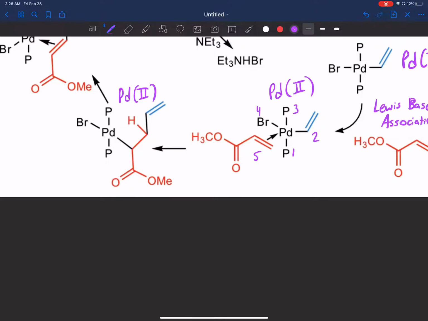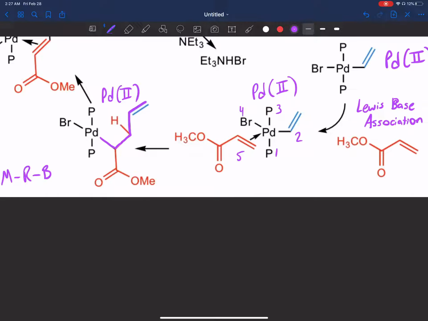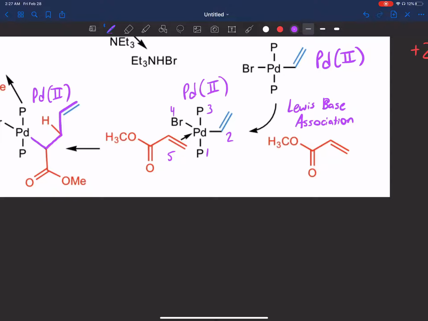Look at the path I have to follow. Metal to red, red to blue. So I'm going to go metal to red, and then red to blue. Whereas here, I could go from metal to red, and then metal to blue.